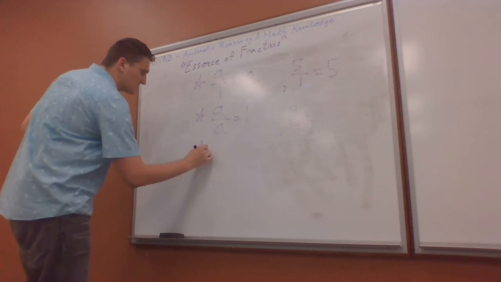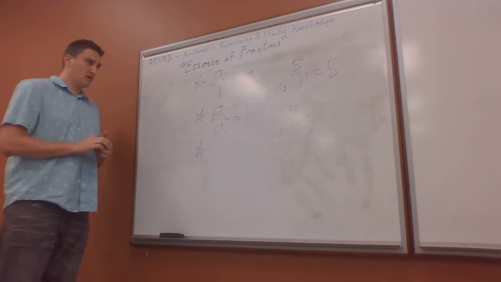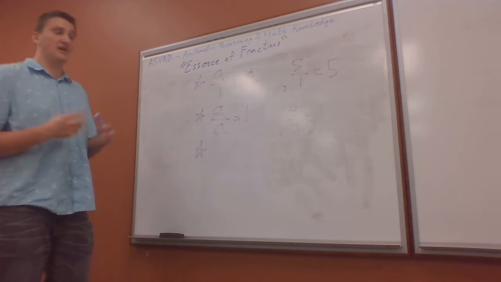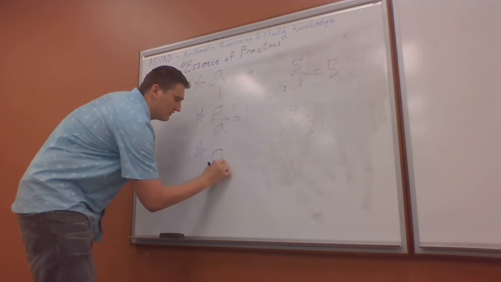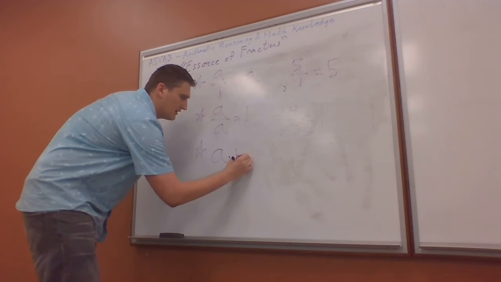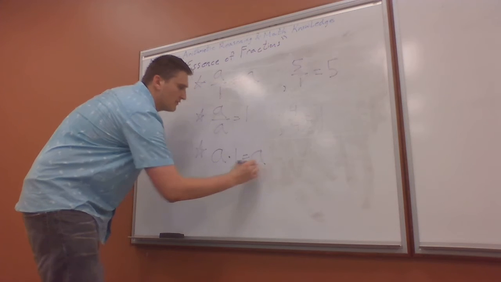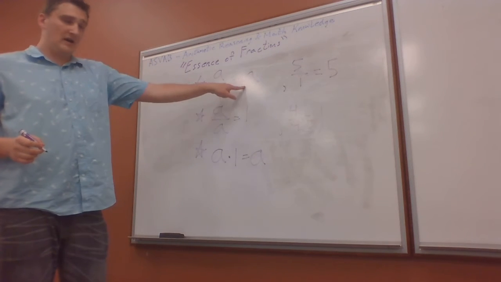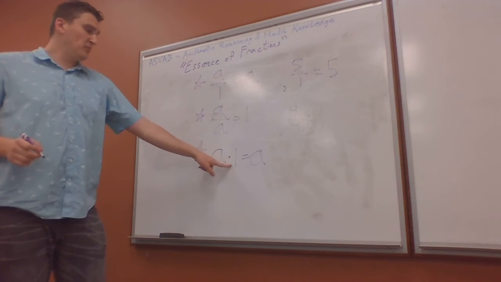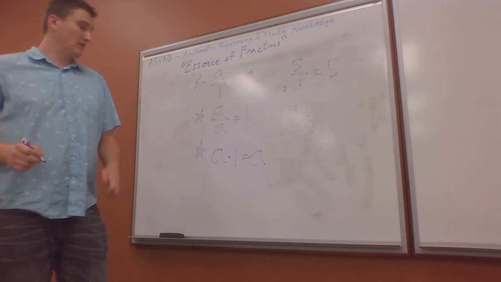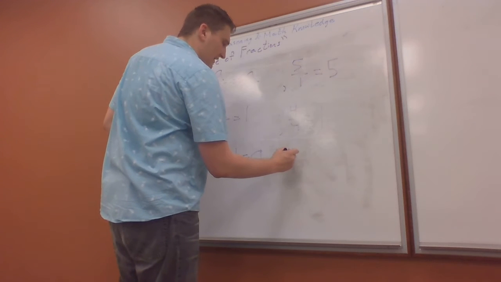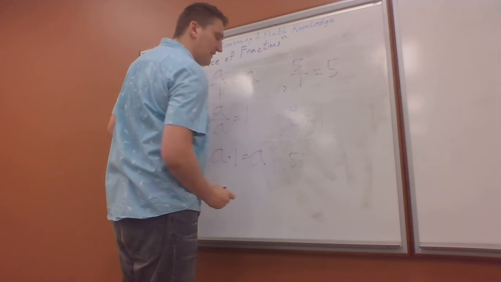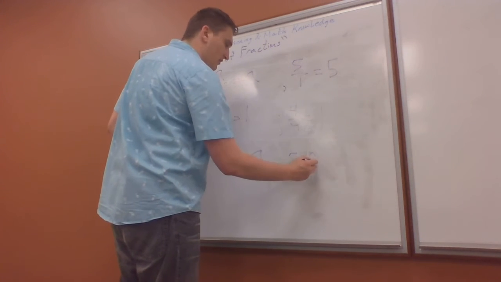Also, one that's going to be really important when we get to simplifying fractions and other operations using fractions is that anything times 1 is going to be itself. So if I divide by 1, I get back itself. If I multiply by 1, I get back that same number. This also applies to if I had 5 and I were to multiply that by 10 over 10.